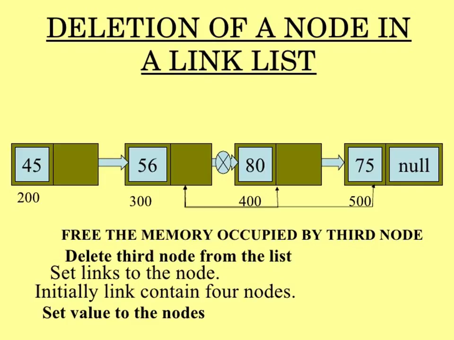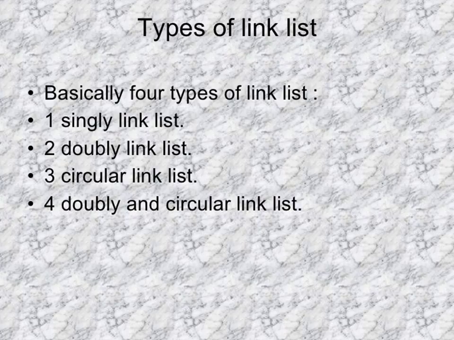And as already given, the 75 node is the last node. So it is very simple to perform the deletion operation on a linked list. Like that, initially the linked list had 4 nodes. By deleting the third node, it has only 3 nodes. That is the deletion operation on a linked list. In this sense we can say that the deletion and insertion operations are performed on a linked list very easily and efficiently.